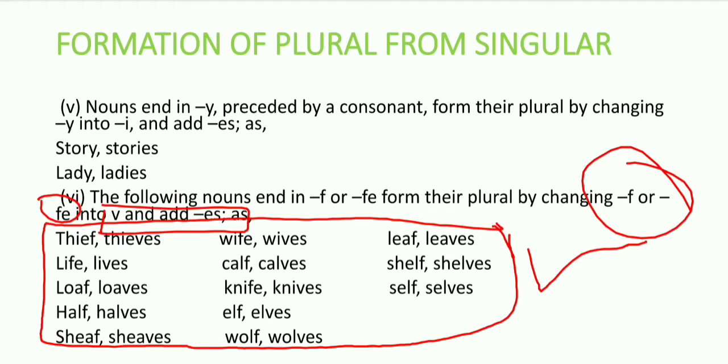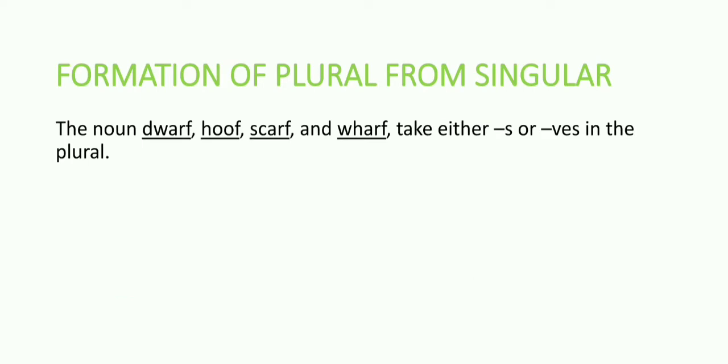Rest of the nouns will not be changed likewise. Next, there are four nouns, that are dwarf, hoof, scarf, and wharf. They take either s or ves in the plural.